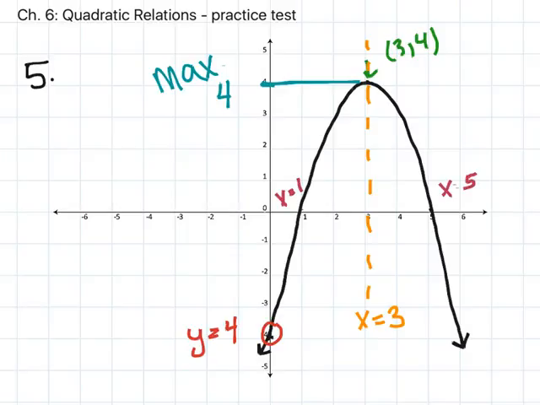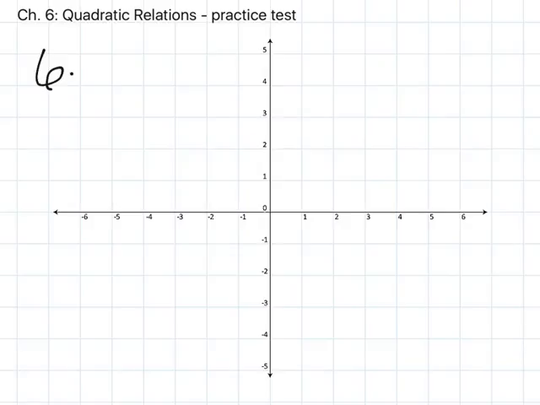Okay, question 6. The photograph shows the Harbour Bridge in Sydney, Australia. A grid has been placed over the photo to help you collect the data from the bottom arch. One grid space represents 50 feet.